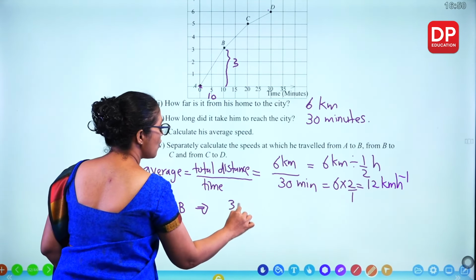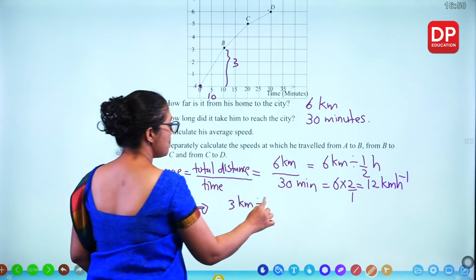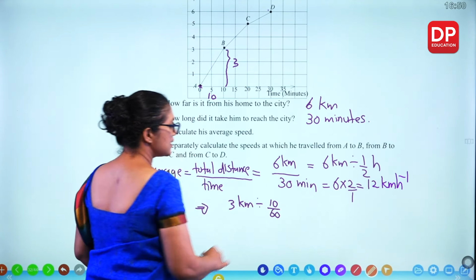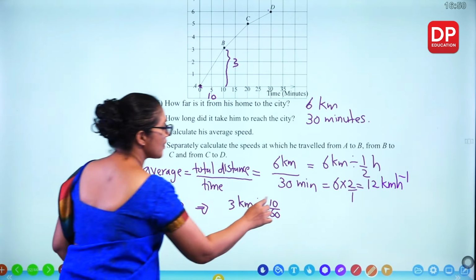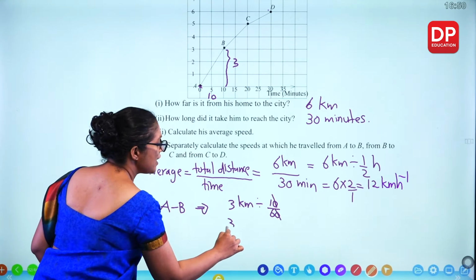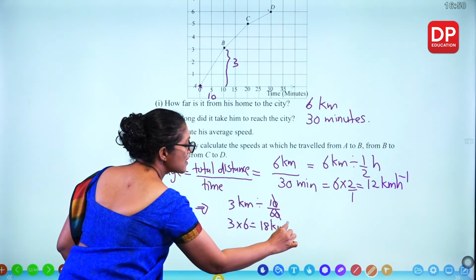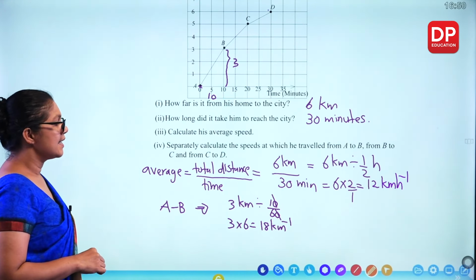Distance is 3 kilometers. Divide by 10 minutes, or you can write 10 over 60 to convert to hours. You get 1 over 6. 3 multiplied by 6, that means 18 kilometers per hour. So the speed A to B is 18 kilometers per hour.